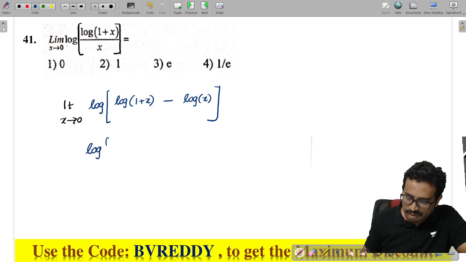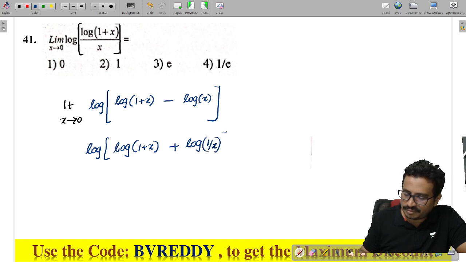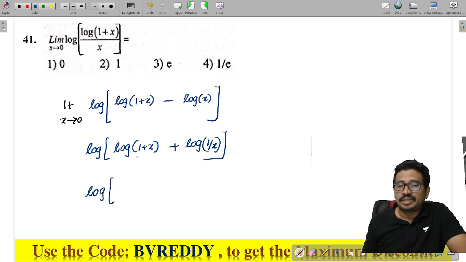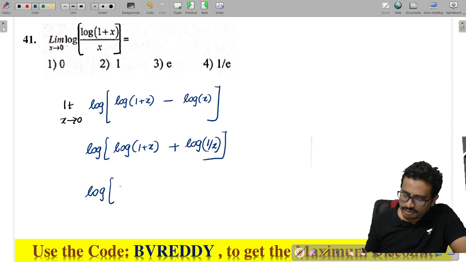So then we get log of (1 plus x), which we can write with 1 by x, and I can take this as log of 1 by x. Now in the form of log a plus log b, which is equal to log of ab, we can write this as 1 by x into log of (1 plus x).